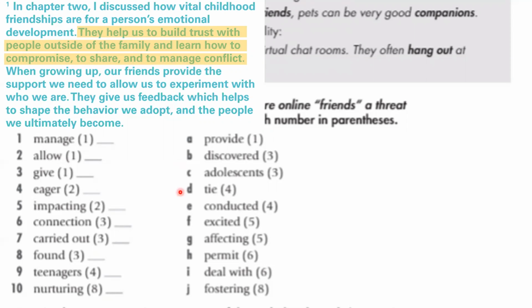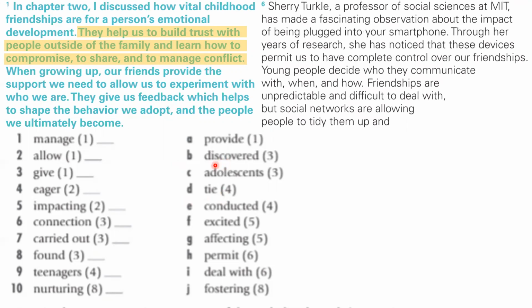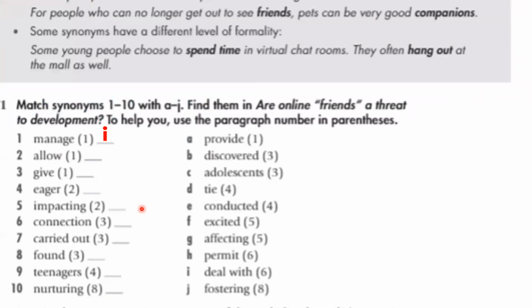And then in paragraph number 5, we have friendships are unpredictable and difficult to deal with. All right? So, as you can see, deal with and manage have the same meaning. So the answer for number 1 is letter I. Manage and deal with. All right? Please do this, and when you finish, we'll check the answers all together.